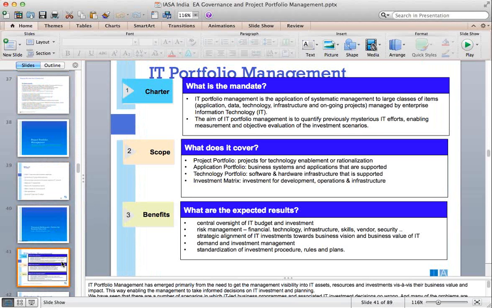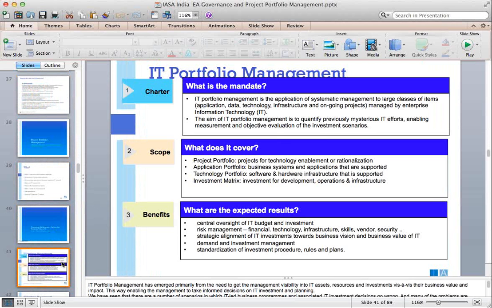Apart from that, we need to be very clear about the scope. Obviously, it doesn't cover everything, like today the insurance people claim for a car, from bumper to bumper. It's not so. It is projects for technology enablement. It's not specifically information technology. Please note, projects for technology enablement or any supportive endeavor needed for business.